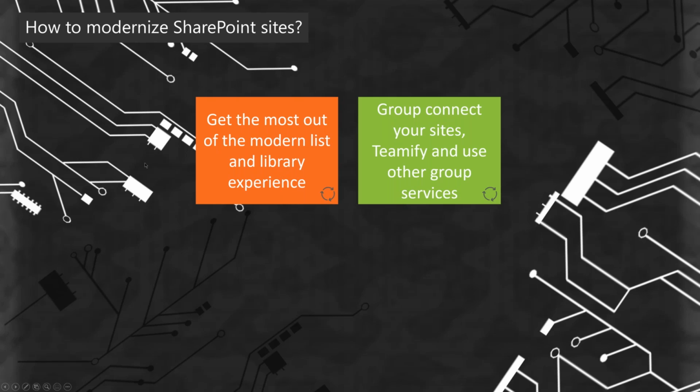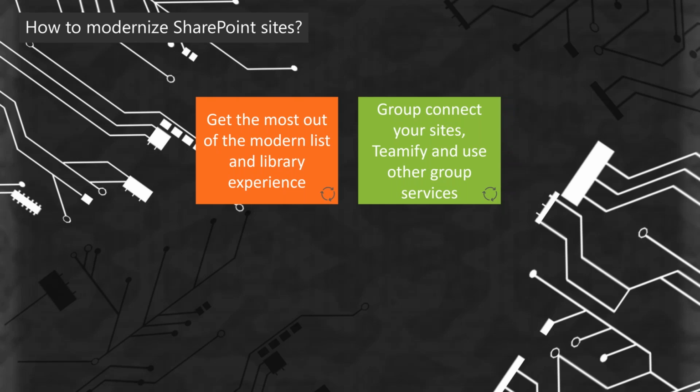Another important step is Group Connect and then Teamify. What Group Connect will do is take your existing site, let's imagine a team site, and create a Microsoft 365 group connected to the team site. Once we have a Microsoft 365 group connected to the team site, that group is like a hub for other services, for example Teams.